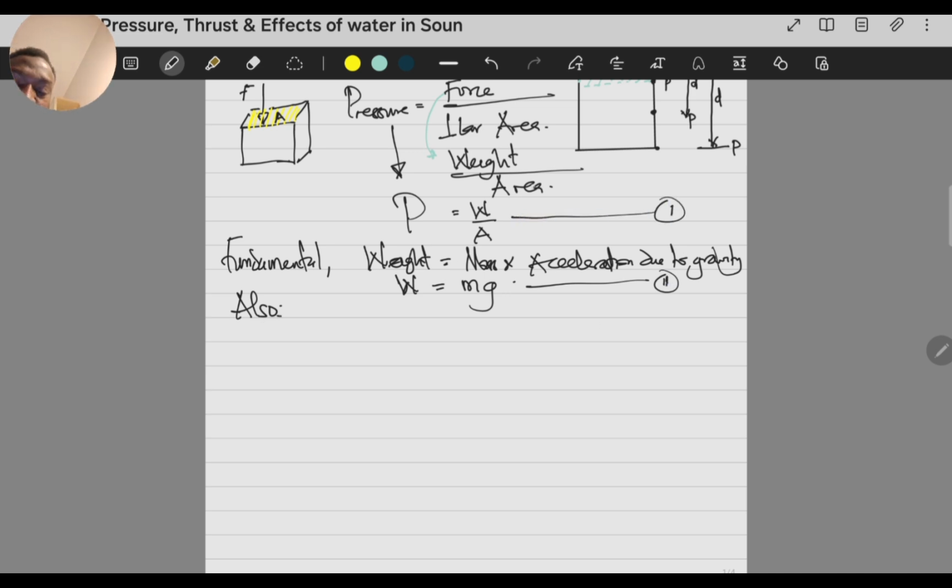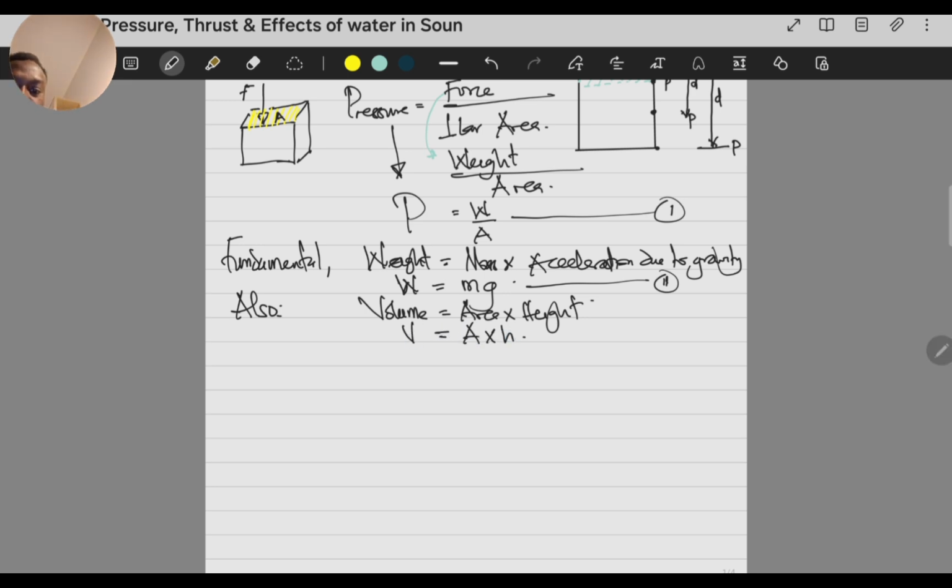Now we have two equations. Also we know that the volume of any prism is area times height. What that simply means is the base area of any prism. So if it's a cuboid, cylinder, pyramid, or any sort of three-dimensional shape, the volume is area times height.